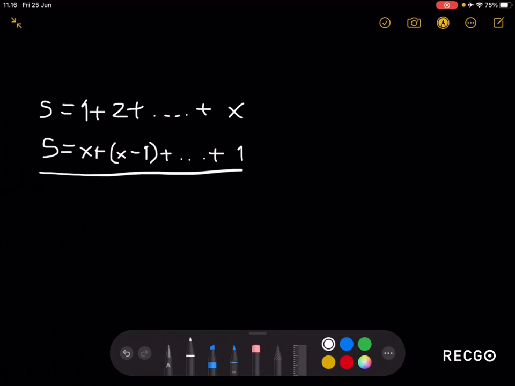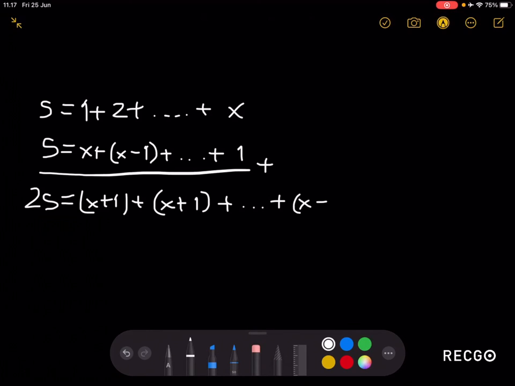Notice that we can add these together to get 2s on the left hand side, and this 2 added up will give us x plus 1. These two added up will give us yet another x plus 1, and we're adding it all the way up to yet another x plus 1.